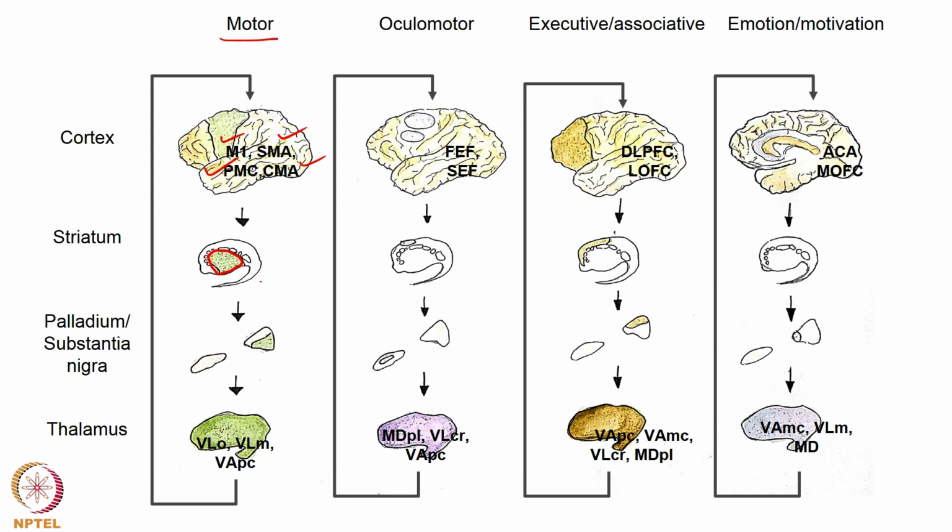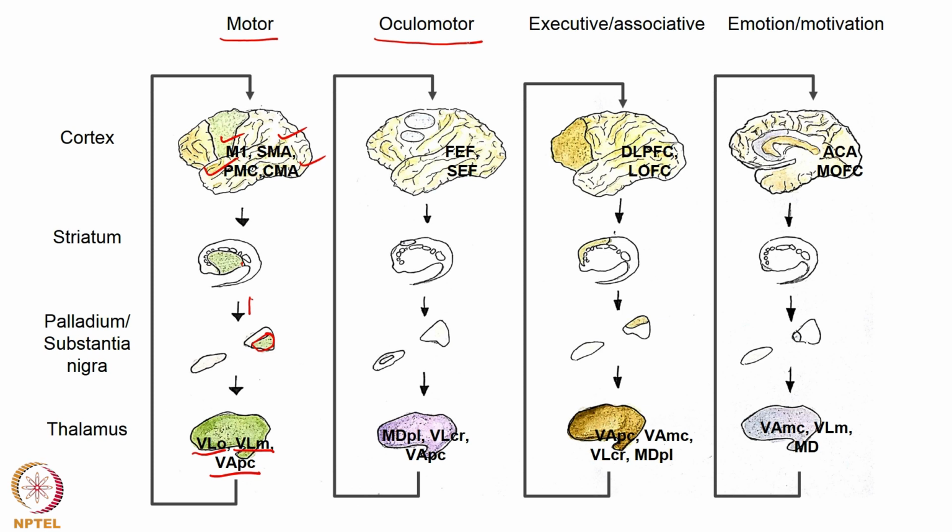Then it goes through the pallidum and the substantia nigra pars reticulata, and from there it projects to the thalamus. In the thalamus it projects to distinct nuclei here. Right.